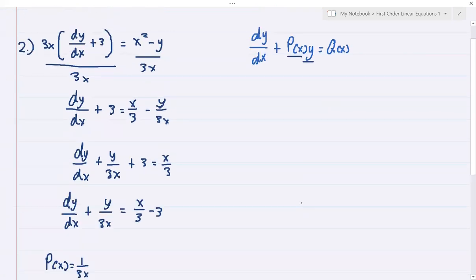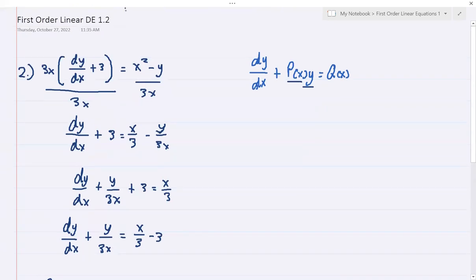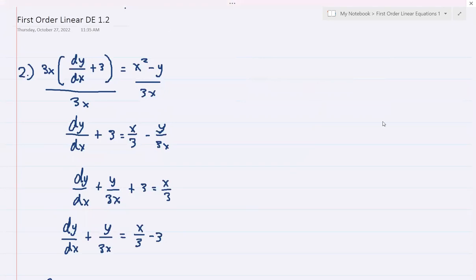Now, let's find your integrating factor. So u is equal to e raised to the integral of p of x times dx.